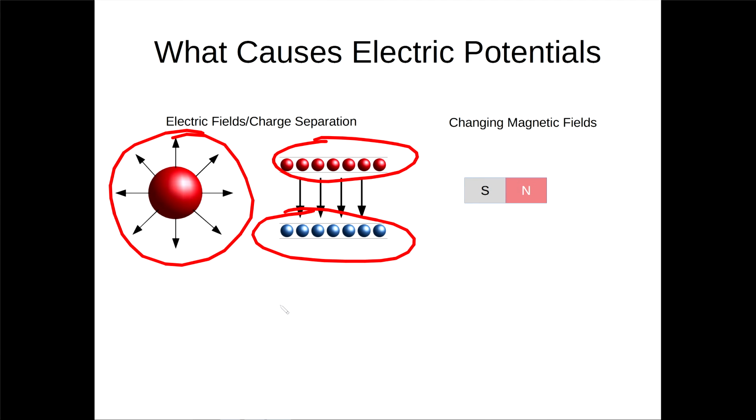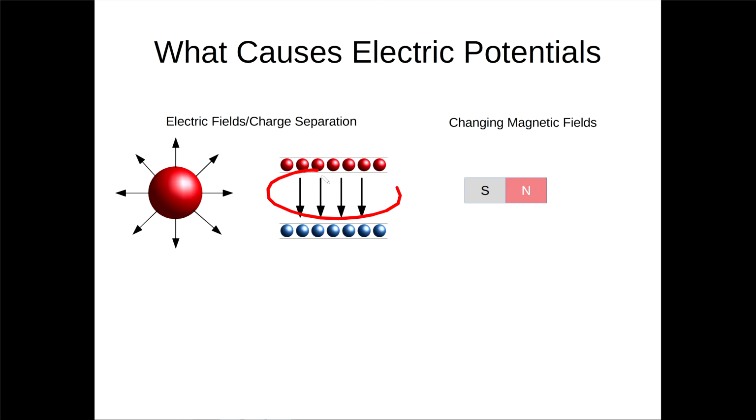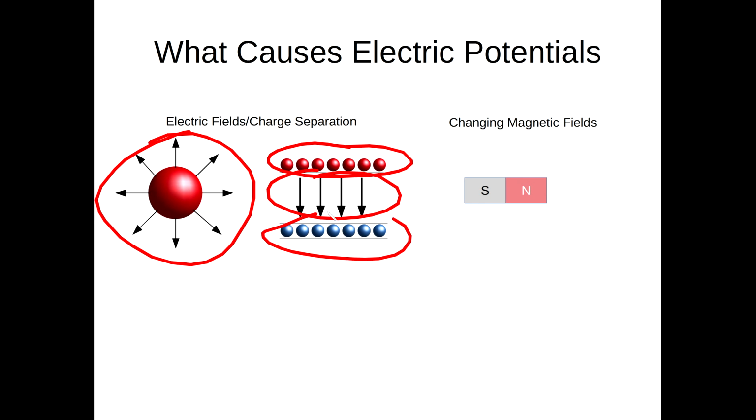That's what causes the electricity or the current to flow, because there's a separation of charges, and that separation of charges has an electric field between it. As you can see here, this electric field is pointing away from these top positive charges, because positive charges have fields that point away, and into these bottom negative charges, because if you watched my first video, you'll know that negatively charged particles will have electric fields that point inwards.